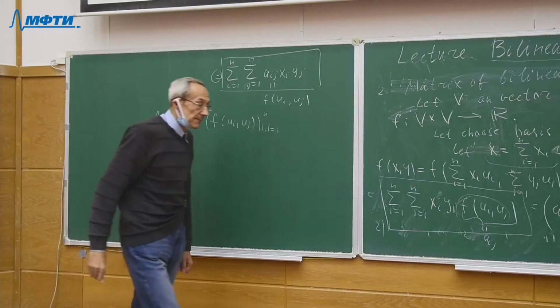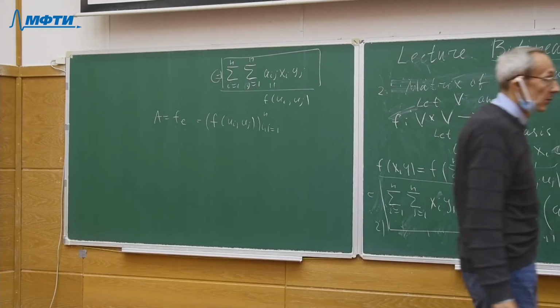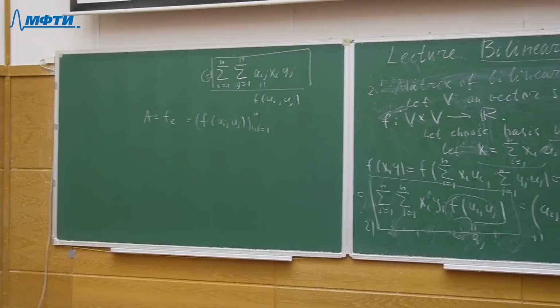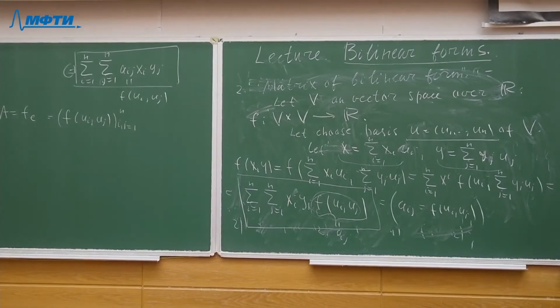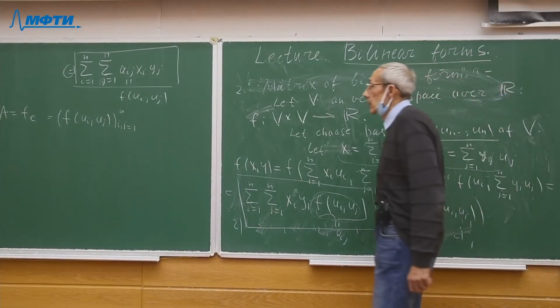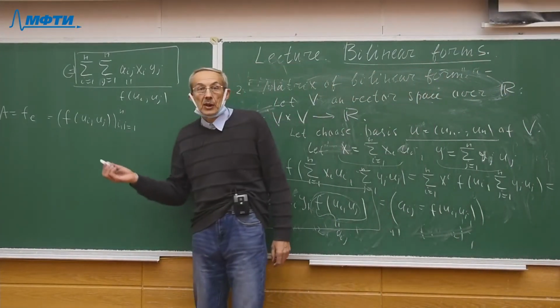We obtain the formula for the matrix of the bilinear form. We have some analogy with the matrix of the operator.